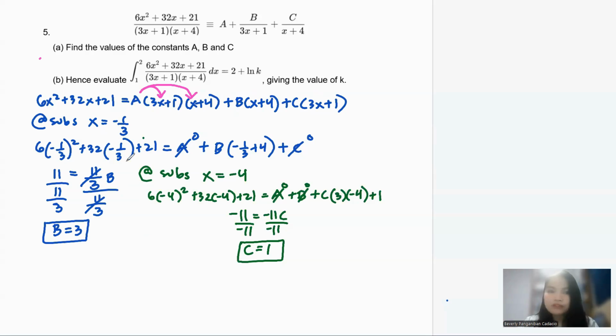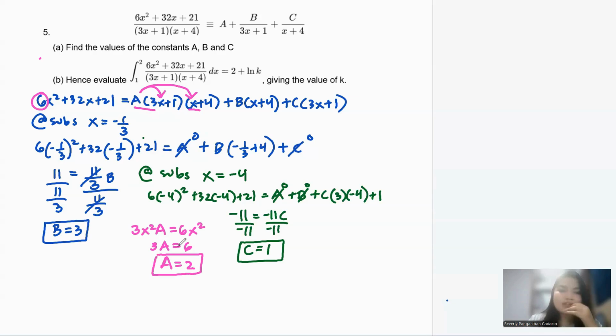That will be a total of 3x squared A. That's the time you will have x squared, and that is equal to 6x squared. So don't mind the x squared; it just means that you have 3A equals 6. Divide both sides by 3. Therefore, your A will be equal to 2. Equating coefficients. Okay, now let's go with part B.